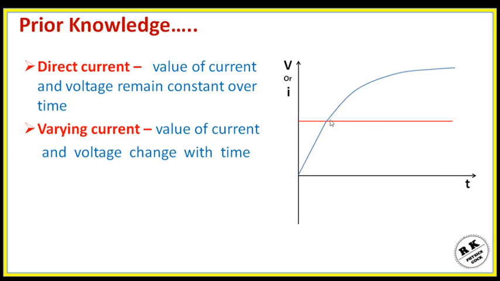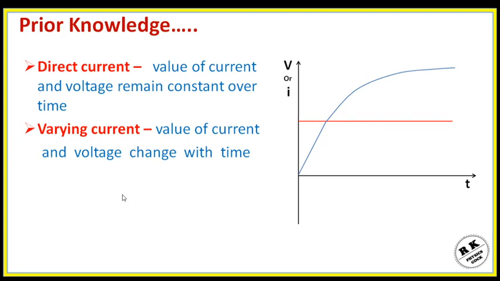It is not necessarily increasing, it may be either increasing or decreasing with time, or it should vary. It need not be completely either increasing or decreasing. It may vary with time, then that current is called varying current.